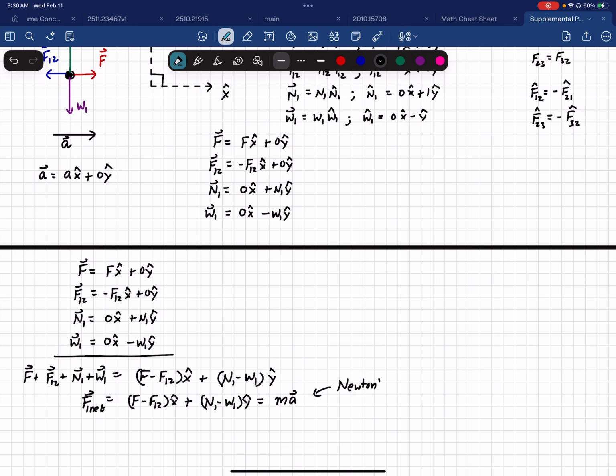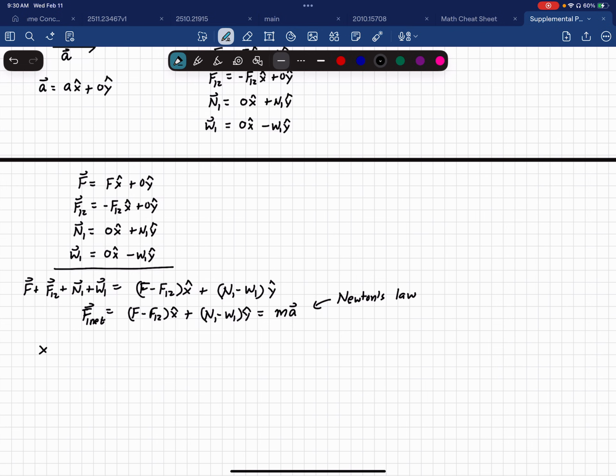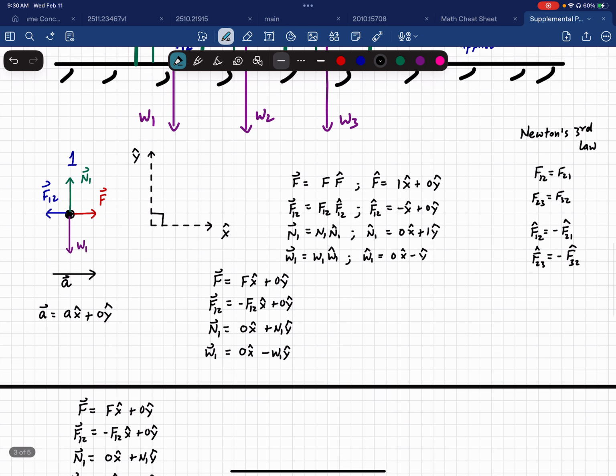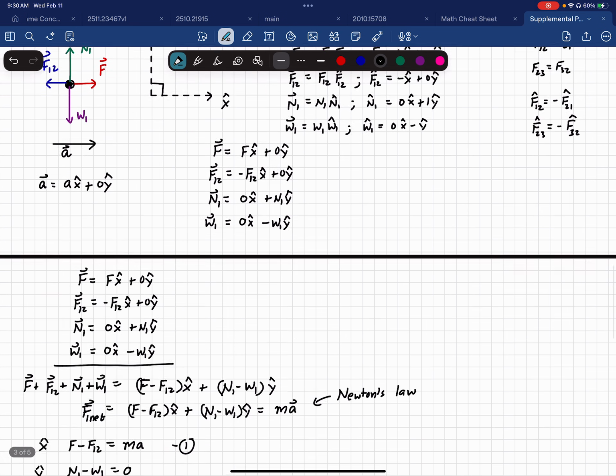So Newton's second law, we just applied it on the last step. Now the final step is collecting the x and the y. Okay, F minus F12 equals ma and N1 minus W1 is equal to 0. So we got our first equation. Fine. We do the same steps for the next one. Okay, let's do the next one again.